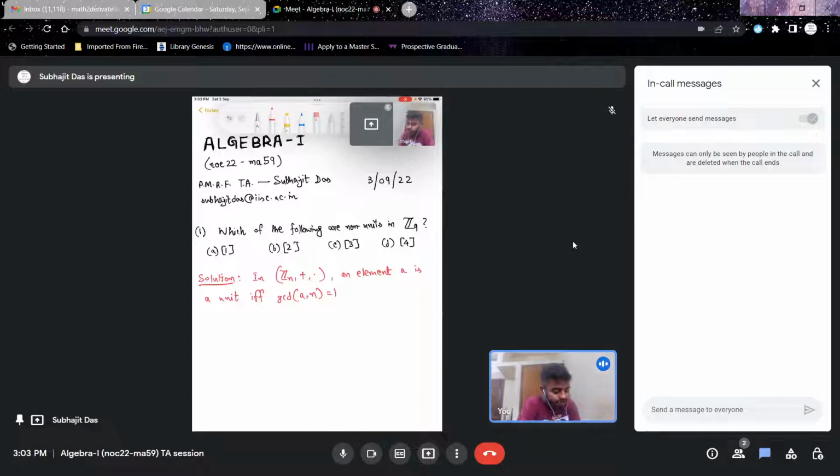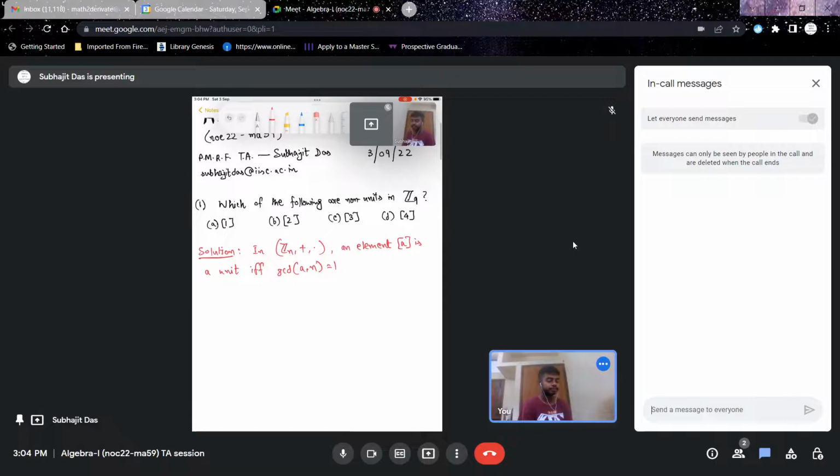What I mean is that every element is an equivalence class or a congruence class, and the class of A is a unit if and only if the GCD of A comma n is equal to 1. This you can check very easily. I hope you have already done this previously, but you can check it again.